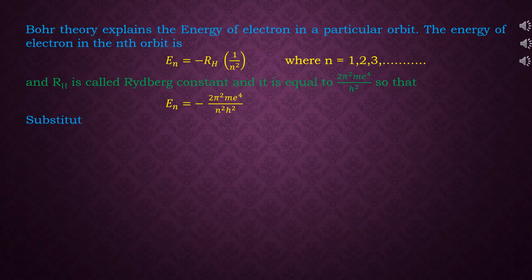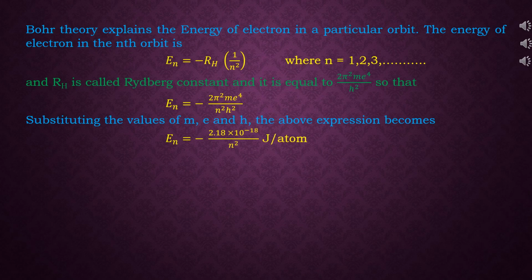Substituting the values of constants m, e and h, where m is the mass of electron, e is the charge of electron, and h is the Planck's constant, the above expression becomes En is equal to minus 2.18 into 10 raised to the minus 18 upon n square joule per atom.